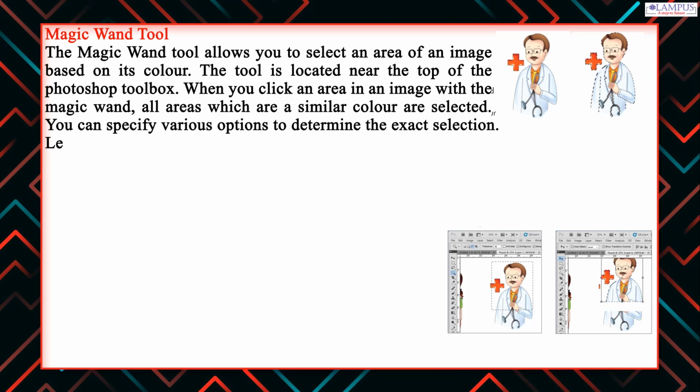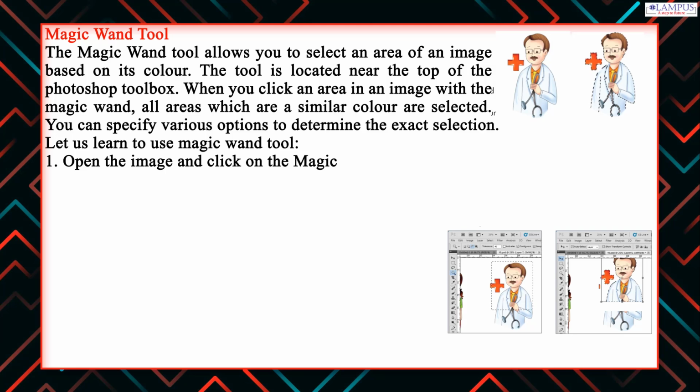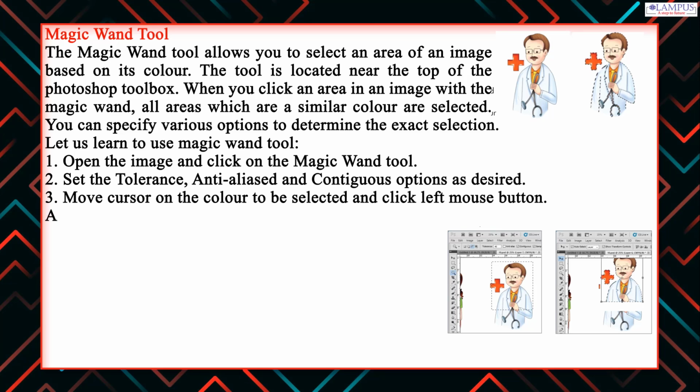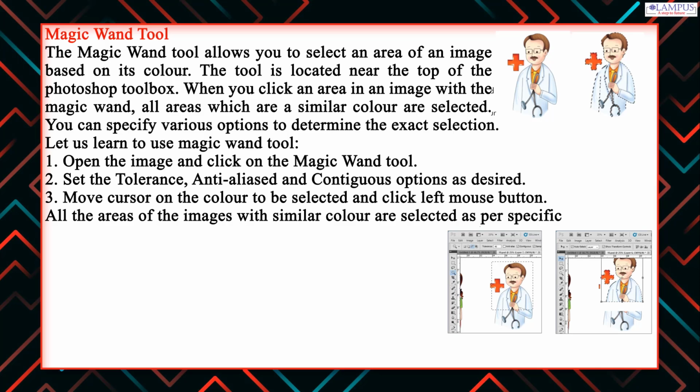Let us learn to use the Magic Wand tool. 1. Open the image and click on the Magic Wand tool. 2. Set the tolerance, anti-aliased and contiguous options as desired. 3. Move the cursor on the color to be selected and click the left mouse button. All the areas of the image with similar color are selected as per specifications.